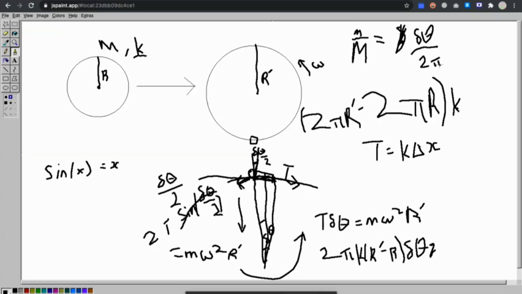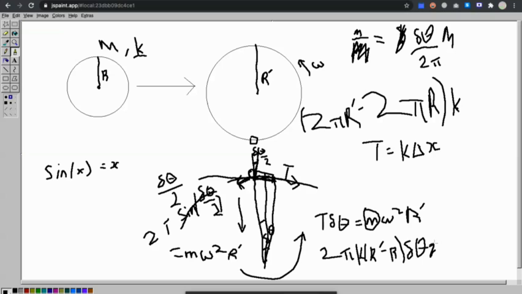Because M subtends the whole entire circle, which is 2 pi, and the smaller m subtends a small section, which is delta theta. So this means that lowercase m is just going to be equal to delta theta times M over 2 pi. And now we can plug this m back into this m in our centripetal force equation.